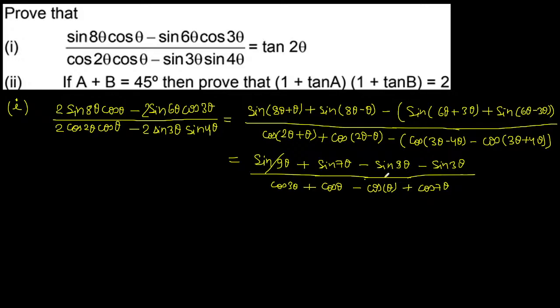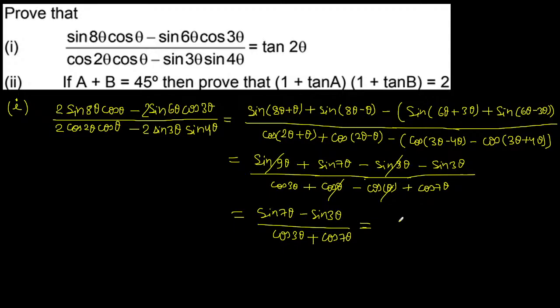Sine 9 sine 9, cos cos. Now we have sine 7 theta minus sine 3 theta, we have cos 3 theta plus cos 7 theta.